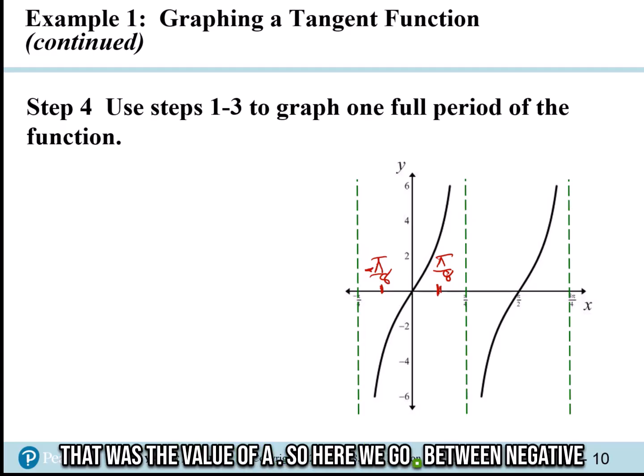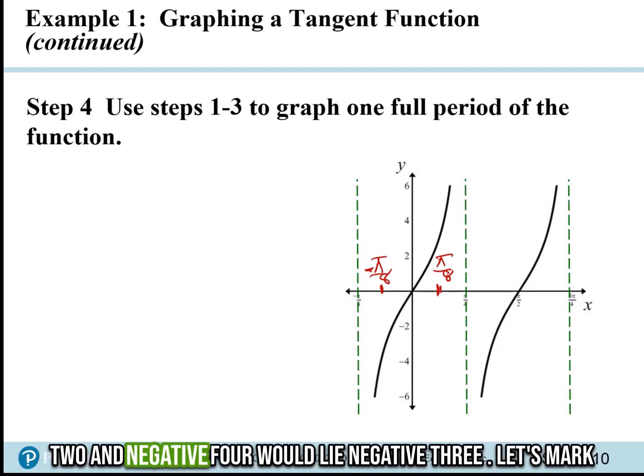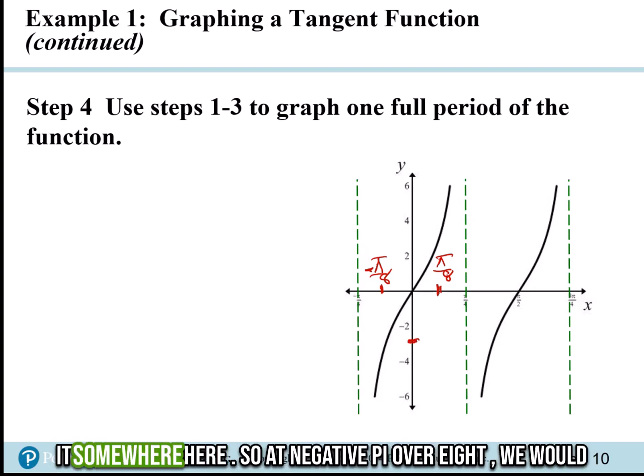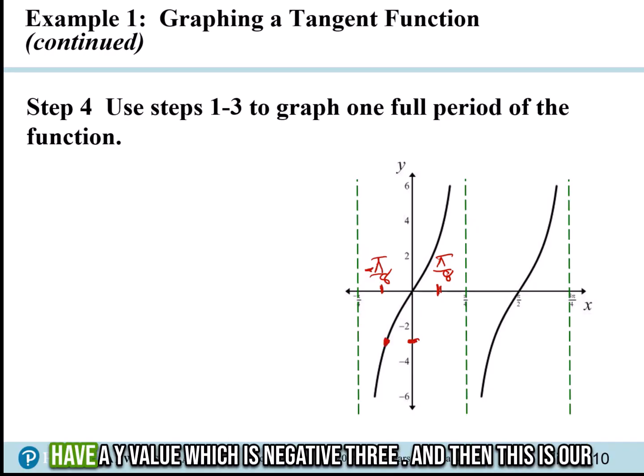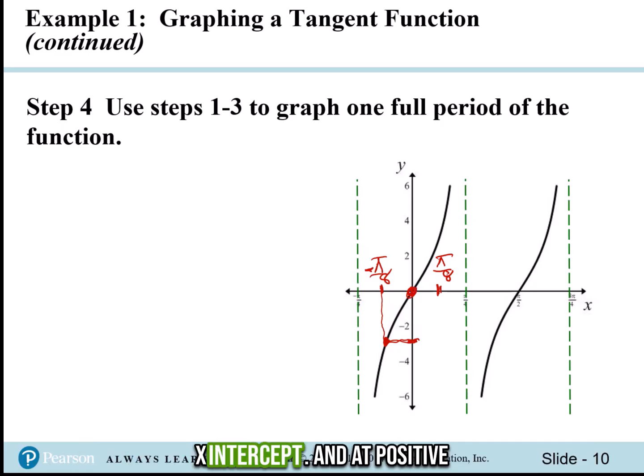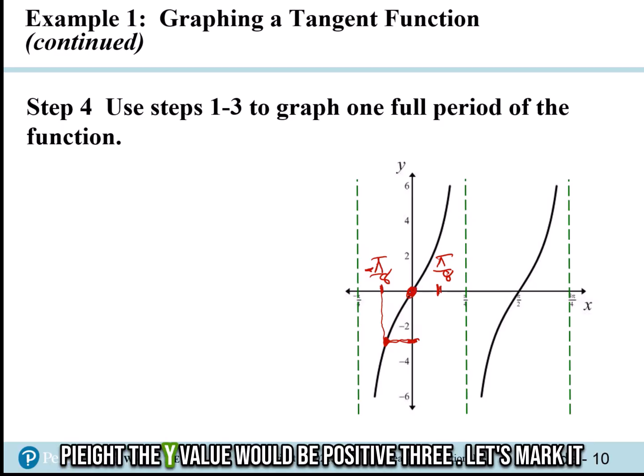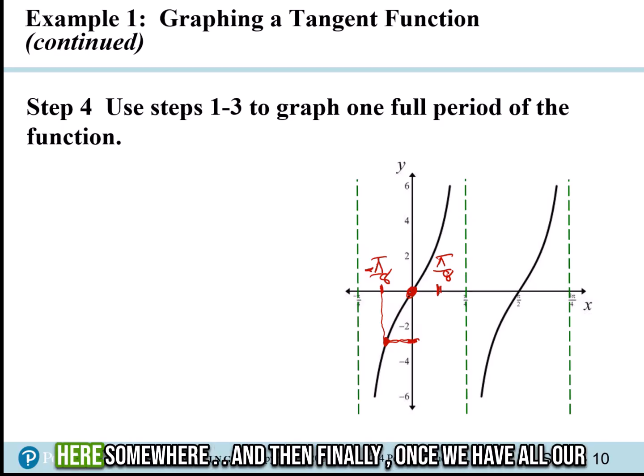So here we go. Between -2 and -4 would lie -3. Let's mark it somewhere here. So at -pi/8, we would have a y value which is -3. And then this is our x-intercept. And at +pi/8, the y value would be +3. Let's mark it here somewhere.